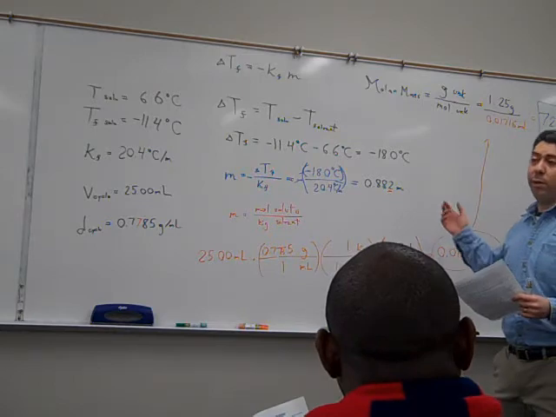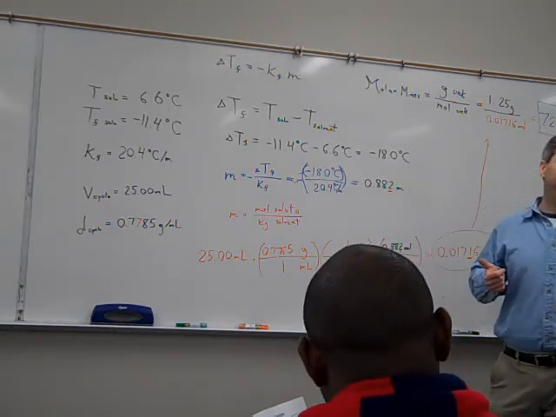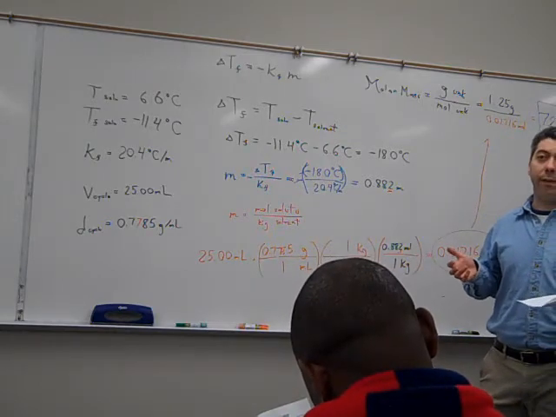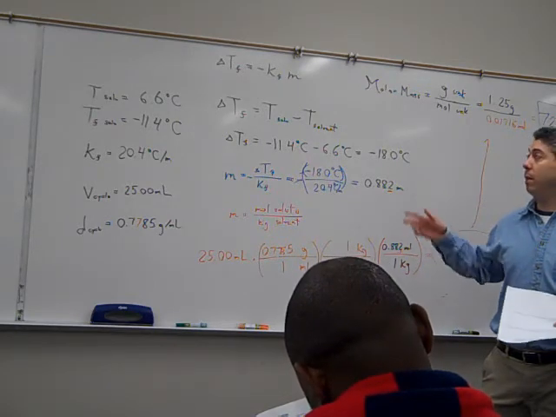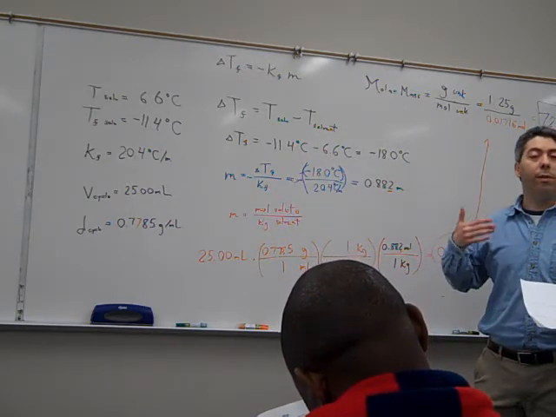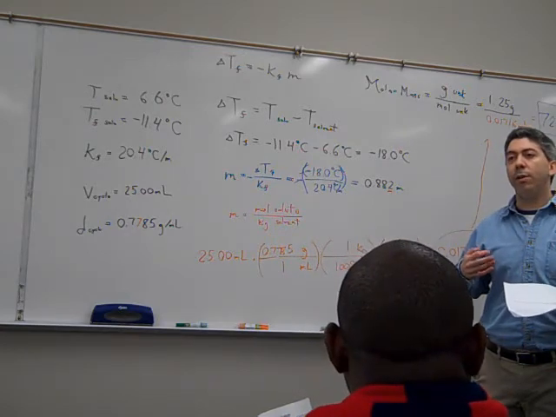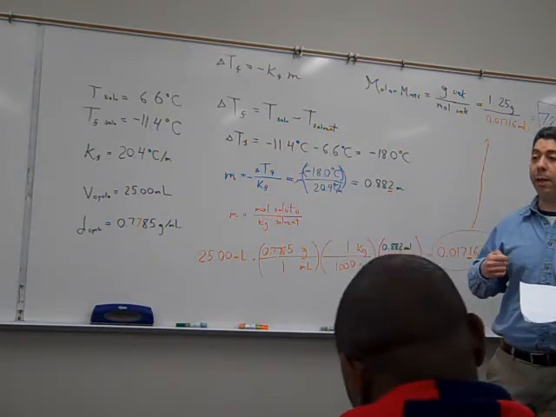But if we don't know the molar mass, we're kind of lost. We're not sure exactly how big or small the molecule is. The molar mass helps us narrow it down and determine what the formula of a compound might be.